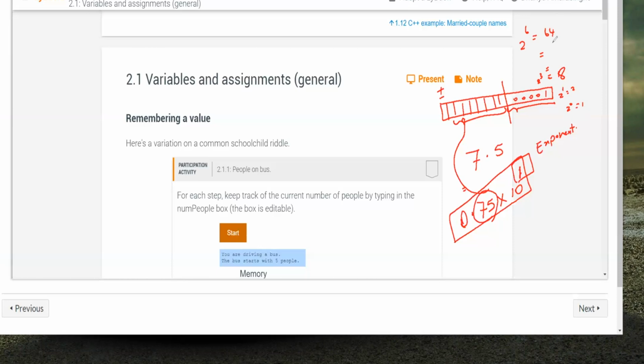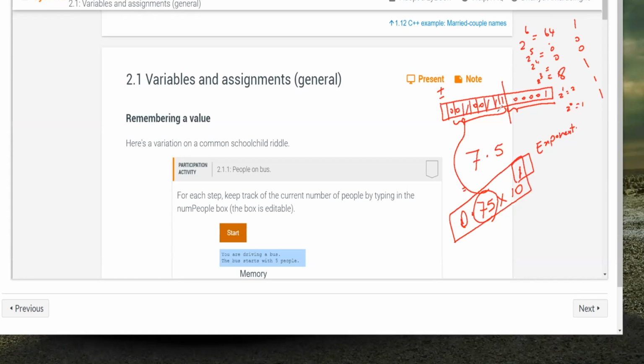So I will have all the other zeros here: 2 to the power 5 is 0, 2 to the power 4 is 0. That is 1, 0, 0, 1, 0, 1, 1. This will give me 75. So it is switch on, off, off, switch on, off, switch on, switch on.